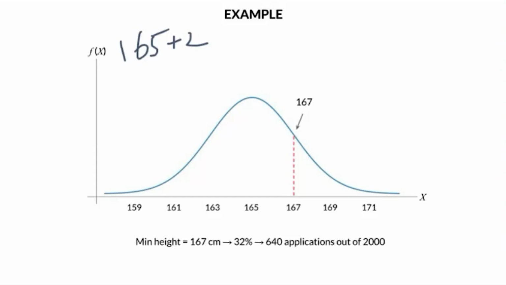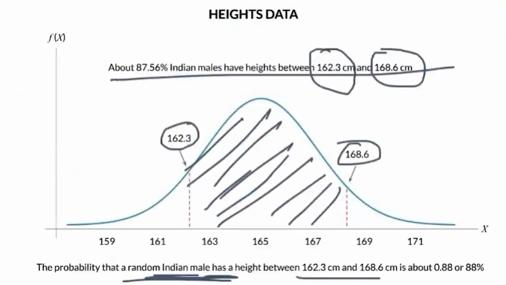So if you set the min height at 167 centimeter, then 50 plus, not 34, I don't remember exactly, but we should check the number. If you set the minimum height at 167 centimeter, you will be left with 32% remaining applications. In fact, let's go back and check.